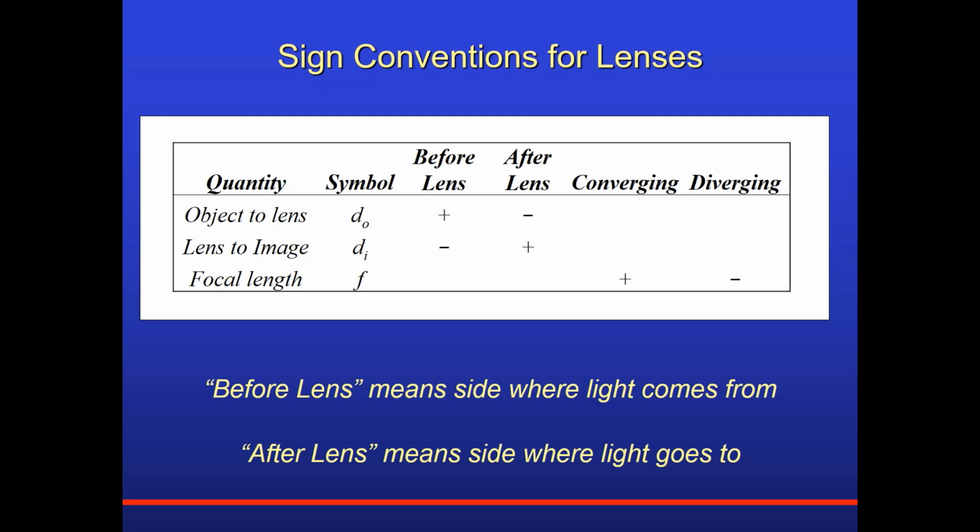For a diverging lens, negative. Remember, light can go either way through a lens, so all lenses have focal points on both sides. If you need to write this down, you can just stop the video, record it, and then continue.